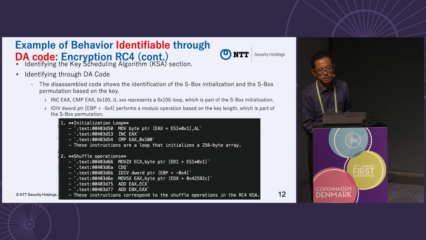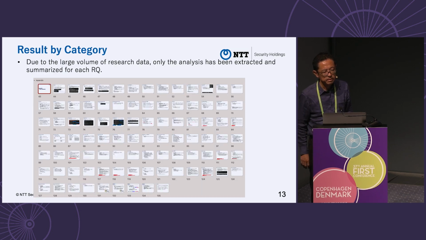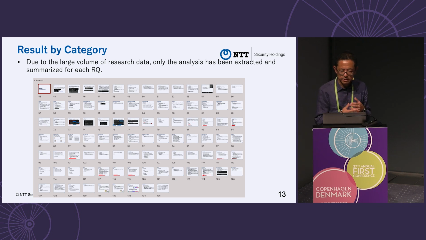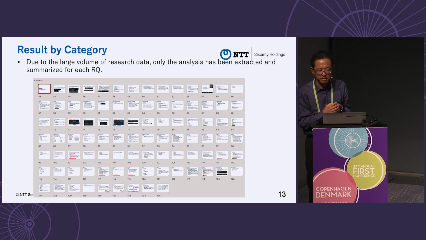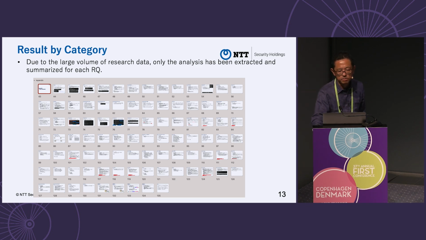GPT-4 also identified KSA based on S-box initialization and S-box permutation, even in disassembly code. Okay, I explained the results. I explained the samples. We have conducted this type of analysis on all items, but due to the large volume of research data, I will explain the summary for each research question after the session.